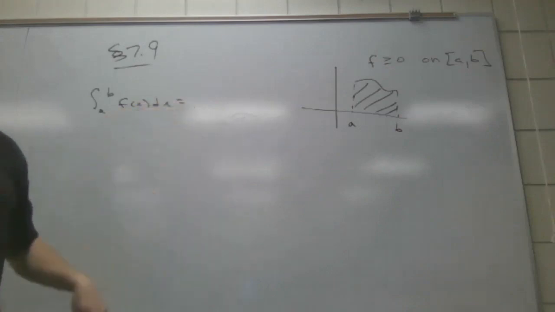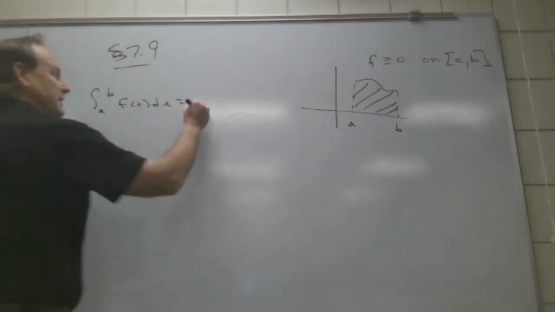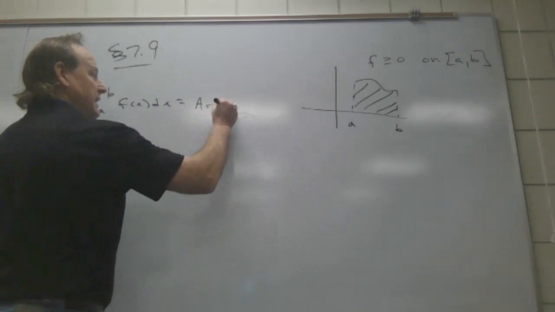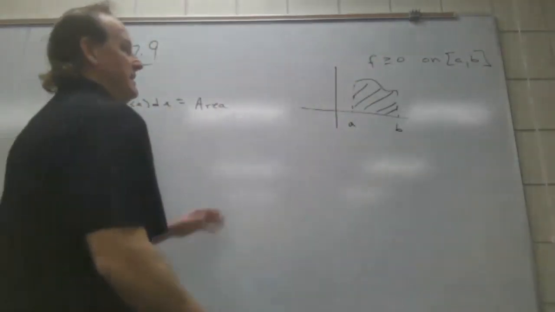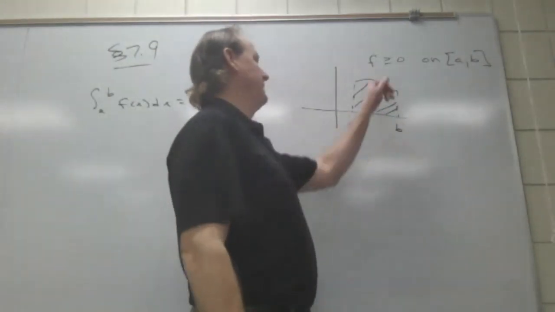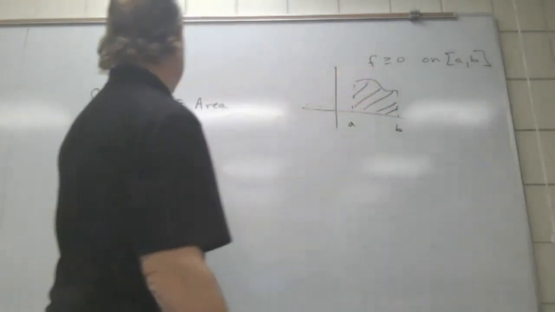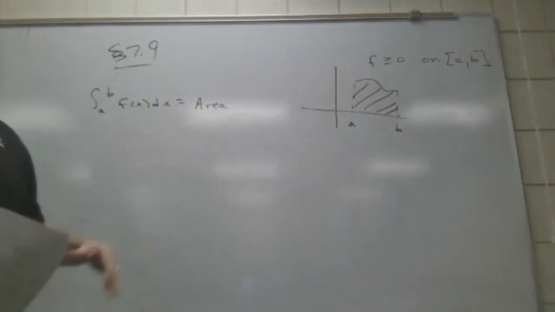I just drew a picture of it. Area under the curve, right? Between the curve and the x-axis. So if it's entirely on or above the x-axis and it was integrable from a to b, then this definite integral from a to b gave us that area under the curve.